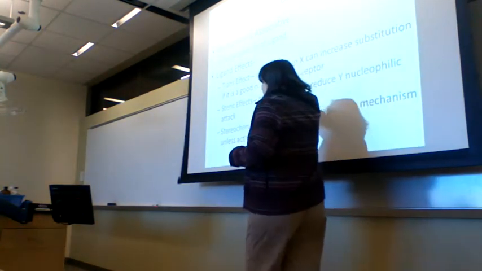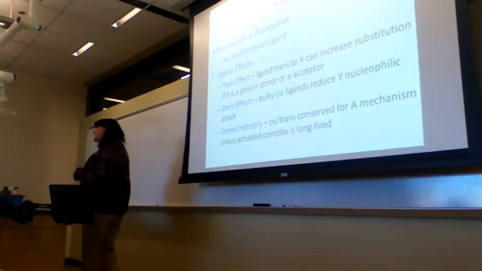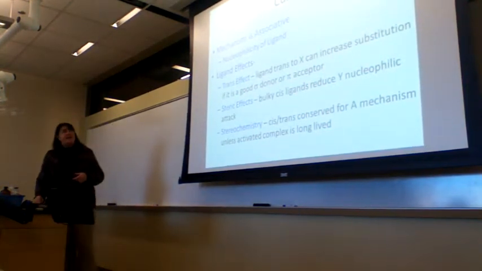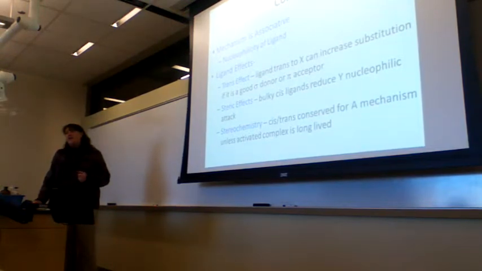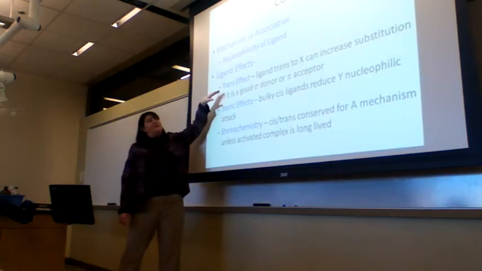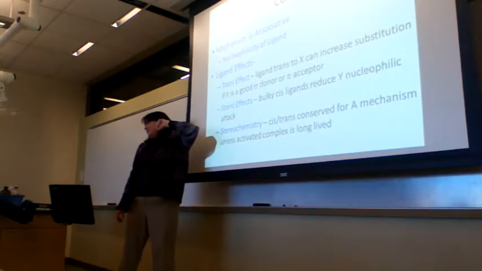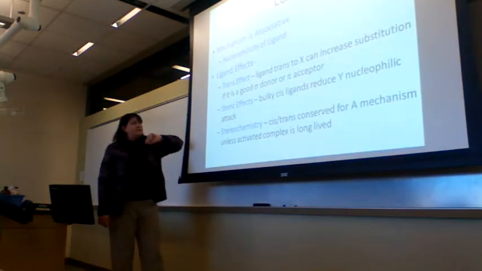The other spectator ligands also have effects on these reactions, and they're more pronounced in square planar complexes than they are in octahedral complexes. So there's a trans effect, and we'll go more into that, but that'll dictate which ligands come off, or which ligands are substituted.